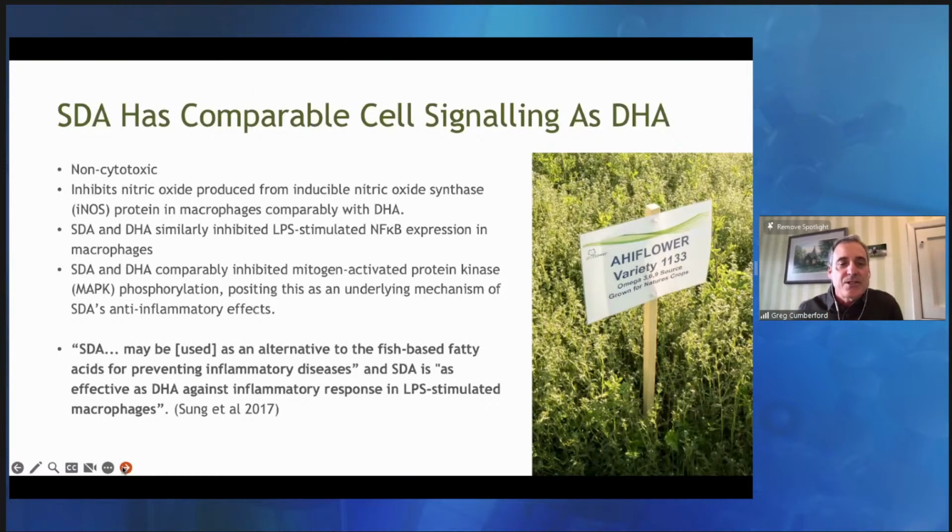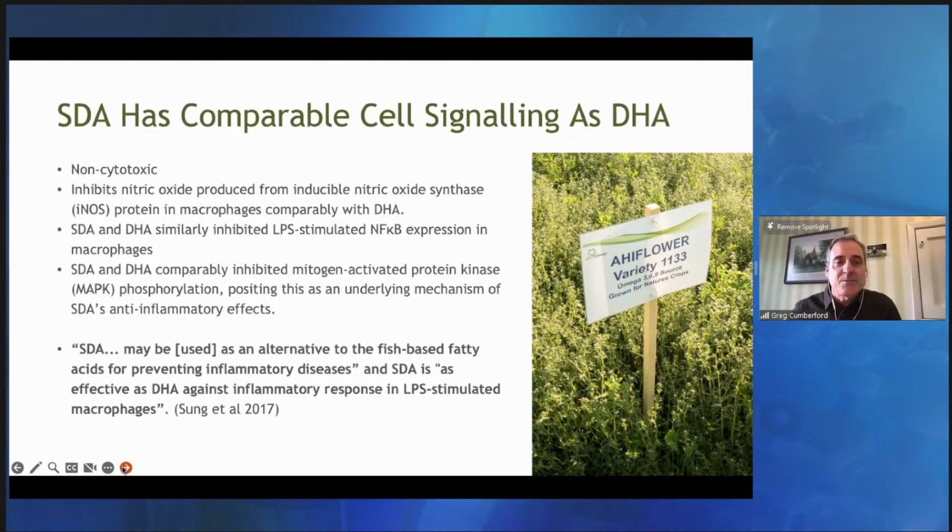Then there was another study that came out in 2017, which was an in vitro trial that showed that stearidonic acid has comparable cell signaling as DHA in terms of specific inflammation cell signaling pathways. It inhibited nitric oxide produced from inducible nitric oxide synthase in macrophages comparably with DHA.